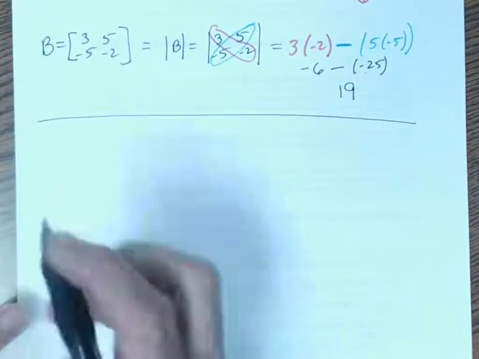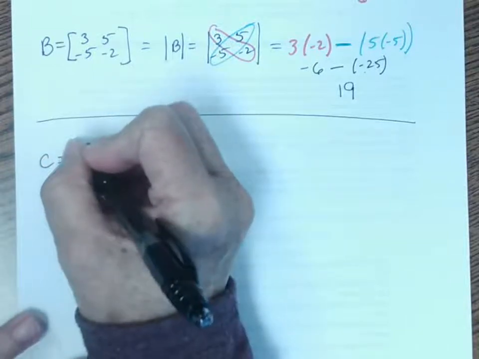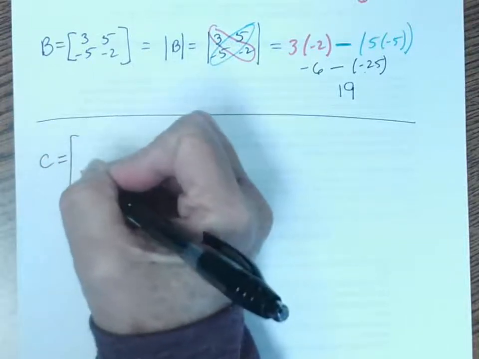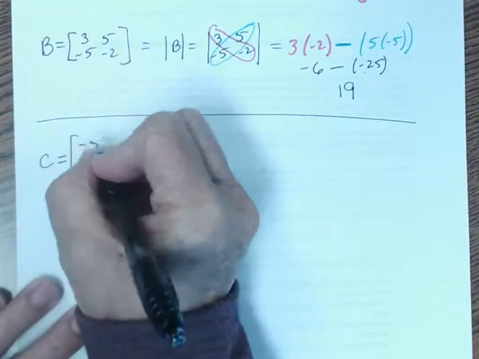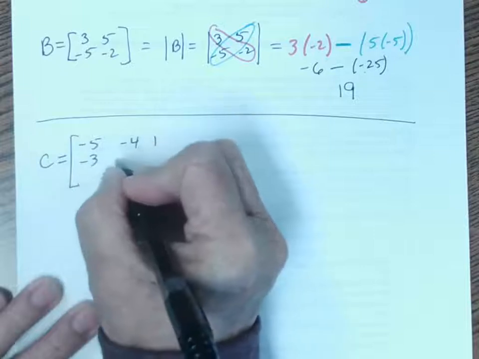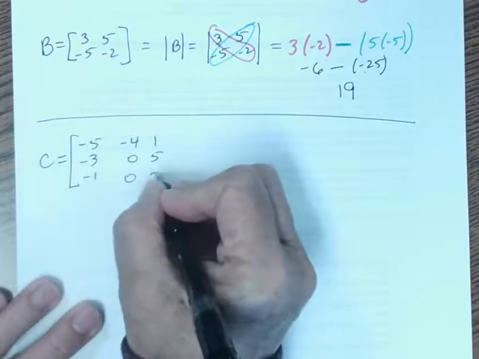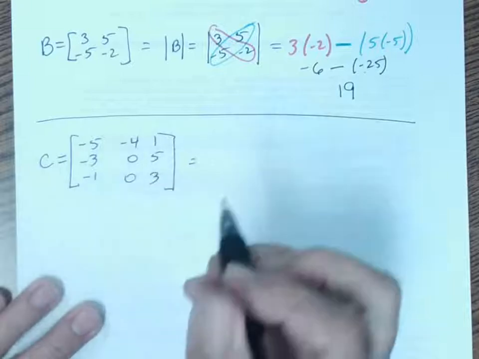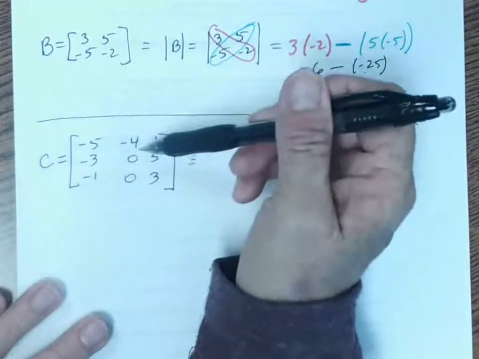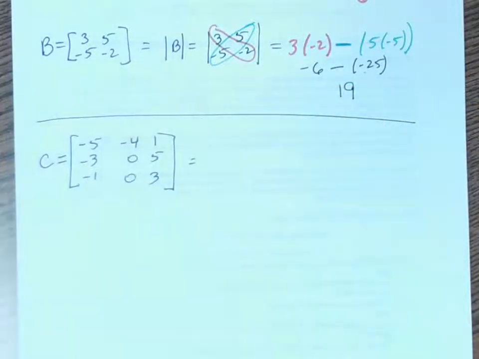Very similar. So if I have matrix C, for instance, let's define matrix C as -5, -4, 1, -3, 0, 5, -1, 0, 3. So notice that our matrix, each time we're finding the determinant, it does have to be square, same number of rows as columns.